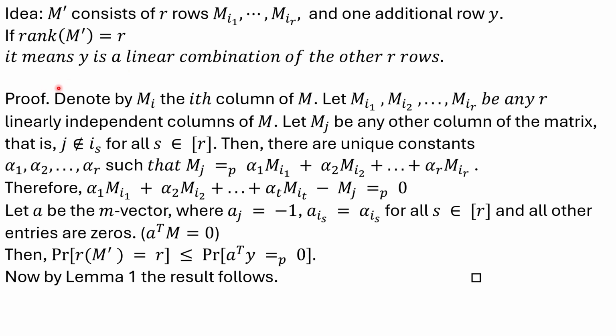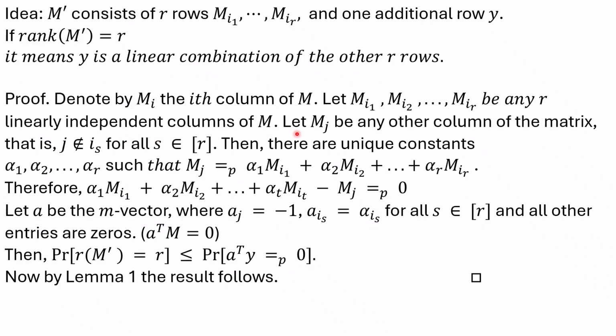Proof. Denote by Mi the ith column of M. Let Mi1 to Mir be any R linearly independent columns of M. Let Mj be any other column of the matrix, that is, j is not any index from the previous indices we chose.